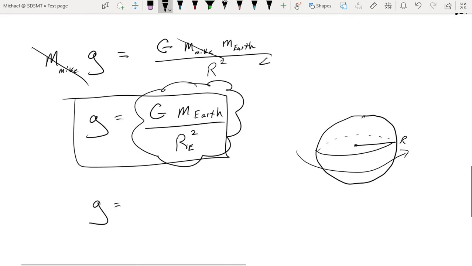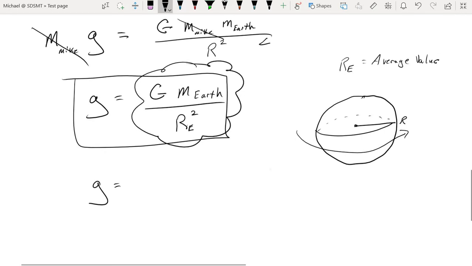The Earth will literally throw some of its mass out. And so typically what you have when you look up the radius of the Earth is an average value. And then the mass of the Earth itself is a calculated value, and different people performing the same calculations are going to have slightly varied values.